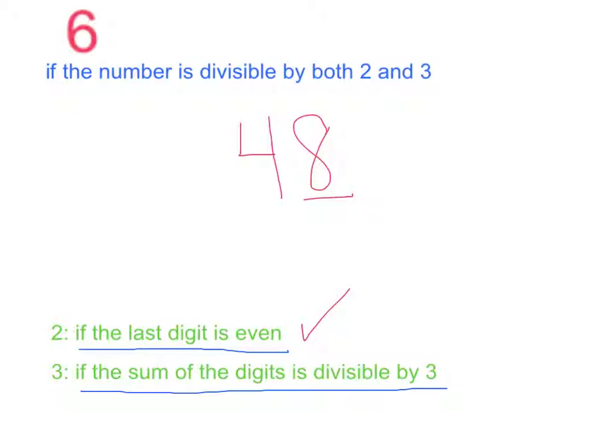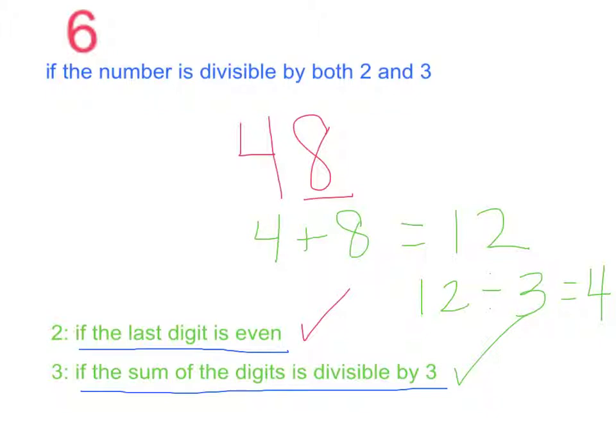So we add the digits together. 4 plus 8 equals 12. Can 12 divide evenly by 3? Well, 12 divided by 3 is 4, so yes, it can. So it's also divisible by 3, which means that 48 is divisible by 6.